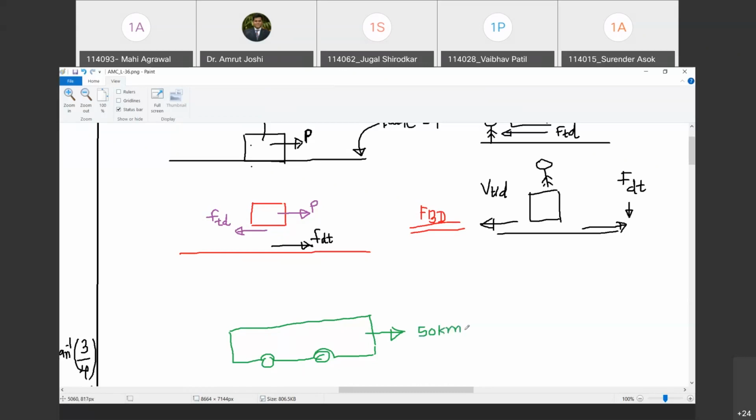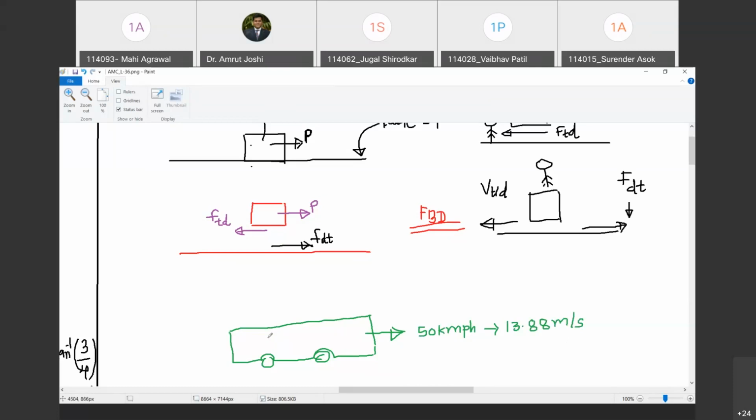So 50 kmph is how many meters per second? Multiplied by 5 by 18, right? Yes, sir. So multiply and tell me. So 13.88. So it is 13.88 meters per second. Do you agree with me?